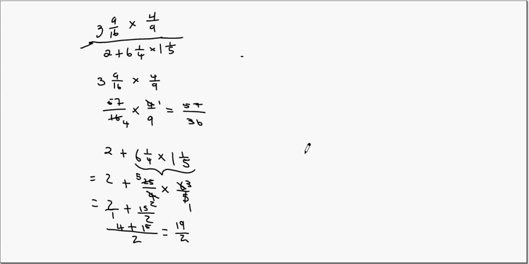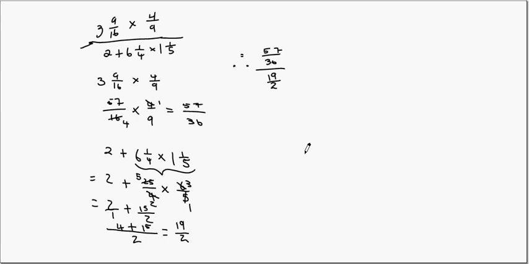Therefore, we can work out 57 over 36 over, because the bottom part worked out to be 19 over 2.